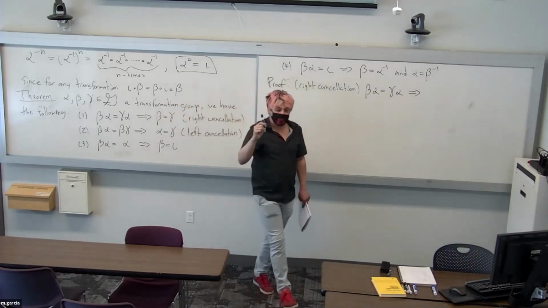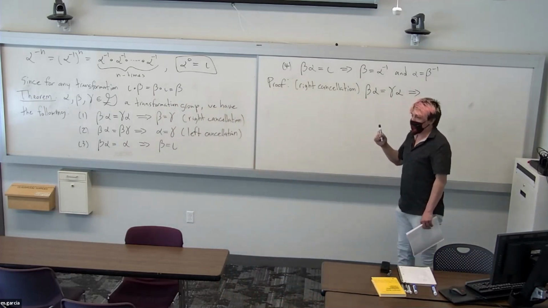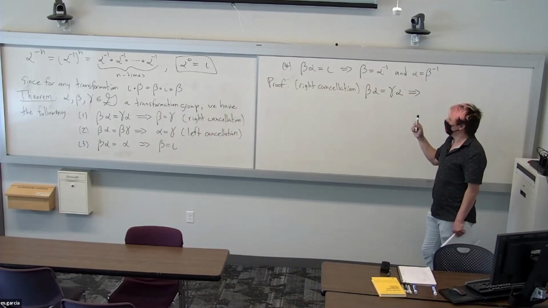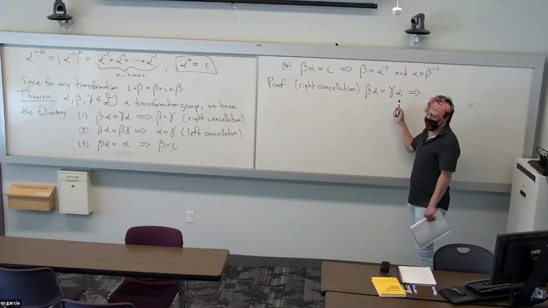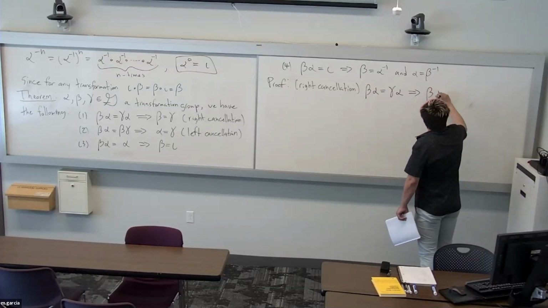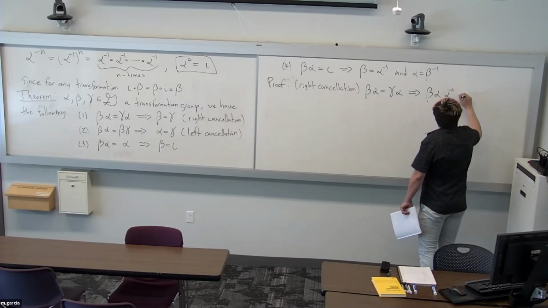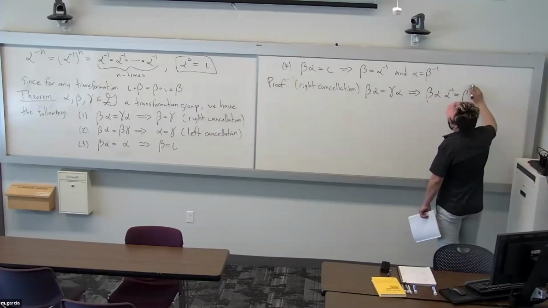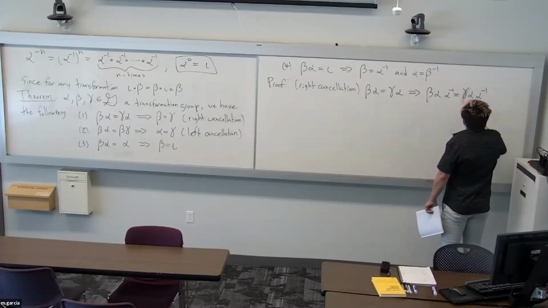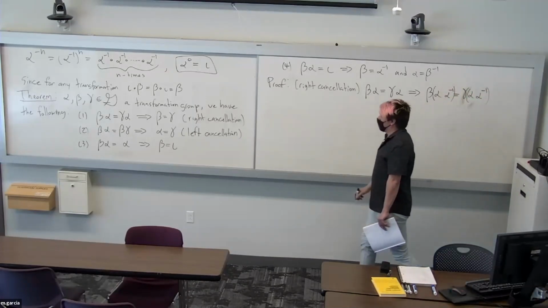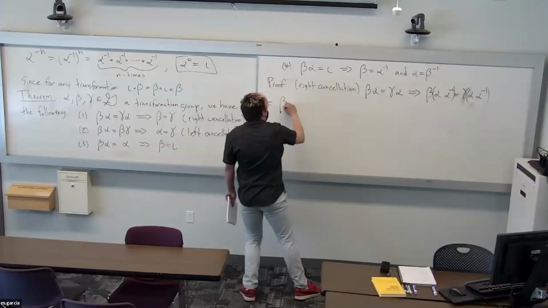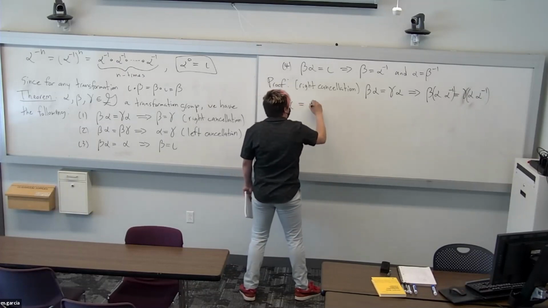We know that it has the inverse property. So we can compose the inverse of alpha to both sides of this. That is to say, beta alpha, alpha inverse is equal to gamma alpha, alpha inverse. This implies that beta iota is equal to gamma iota.